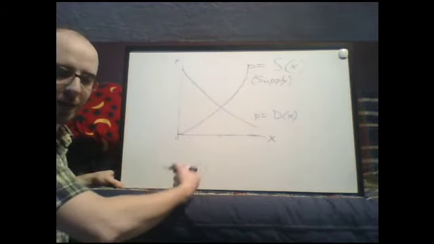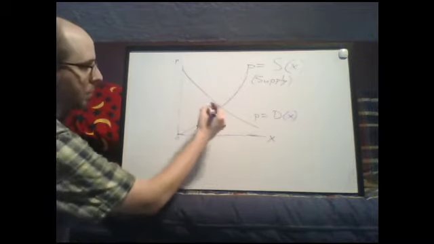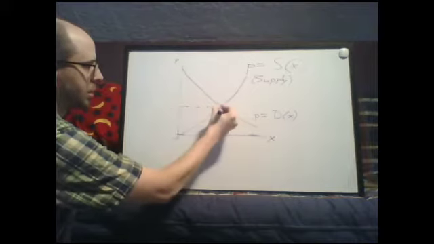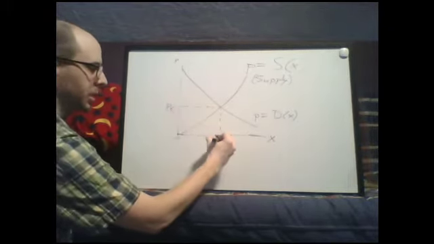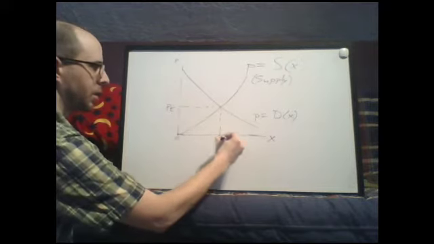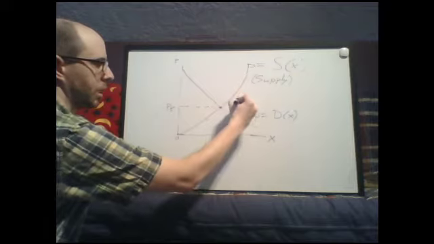When supply equals demand, that's what the price is going to settle on. So this intersection point here, that's the equilibrium point. So let's label that, I guess.